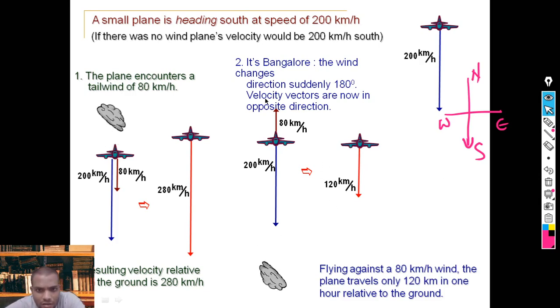So you understand how the velocity direction is responsible for changing the velocity of the plane. Flying against an 80 km per hour wind, the plane travels only 120 km per hour, with reference to some ground axis.